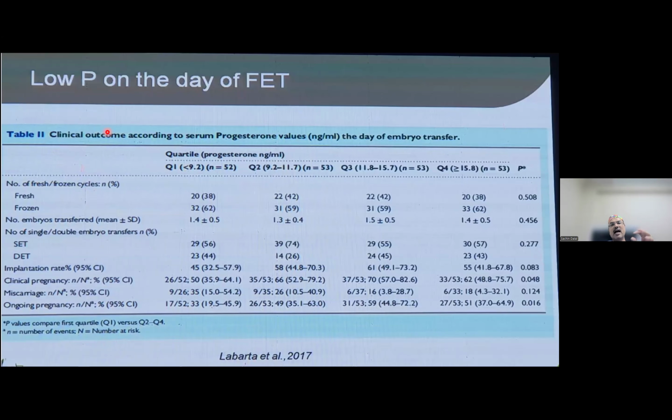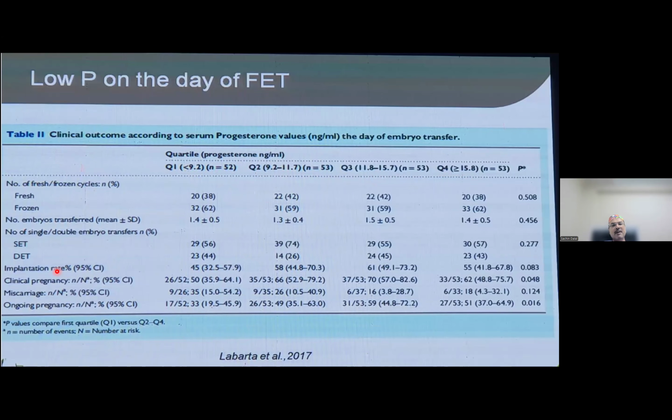So what should be the ideal serum progesterone level on the day of embryo transfer? Beautiful paper by Labata et al. They divided patients into 4 groups. First group was progesterone less than 9.2. Second group 9.2 to 11.7. Third group 11.8 to 15. And fourth group was 15 to 18.